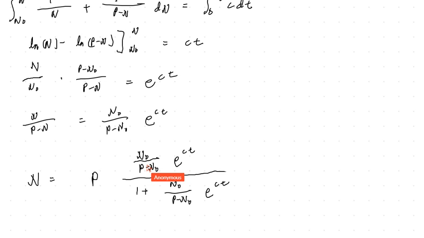In our example, at least, n naught was 1, p is 8 billion, and it's going to be 1 over 8 billion, which is negligibly small unless e to the ct is big, right? So when e to the ct is small, this whole thing can be pretty much ignored when compared to 1. And we're going to get our original exponential function.